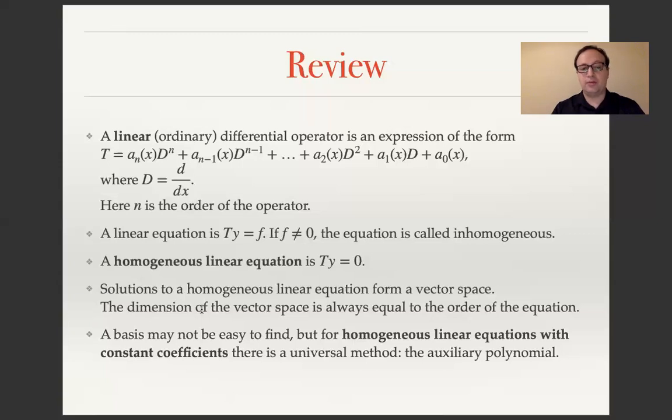So if we know the dimension of the vector space, it is enough to find a basis for the vector space, and we can express every solution as a combination of the solutions in the basis. However, in general, a basis may not be easy to find, but for homogeneous linear equations with constant coefficients, there is a universal method, namely the auxiliary polynomial.